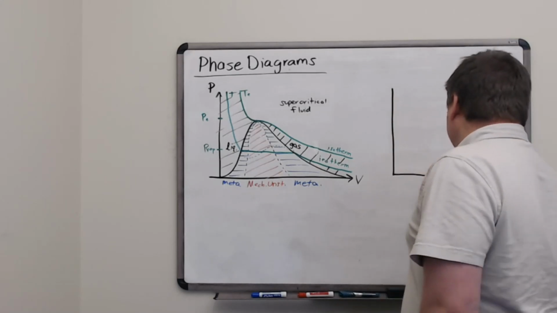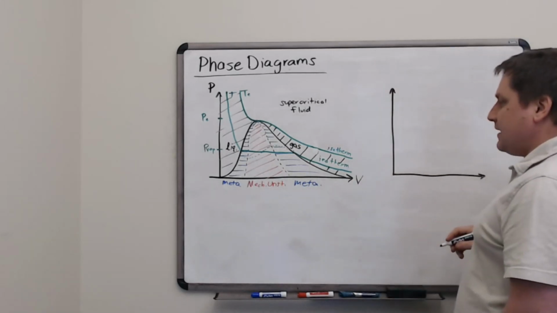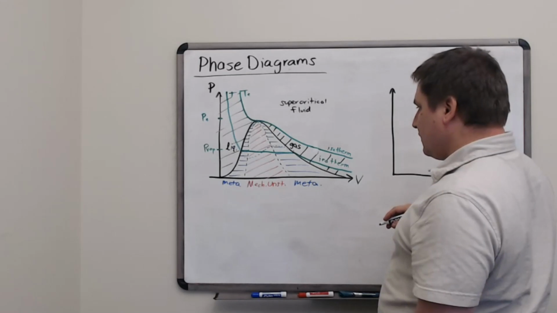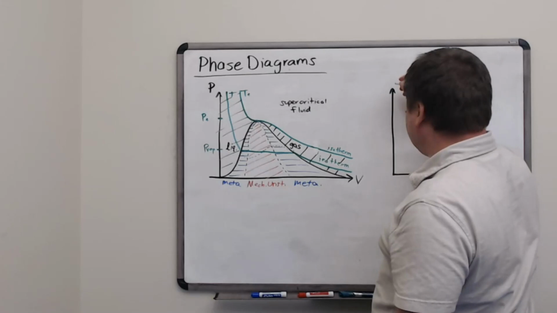So there's another type of phase plot we can make for this system. It is a phase plot of pressure versus temperature.